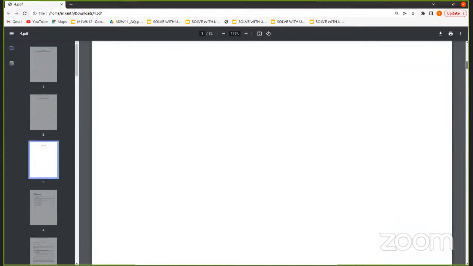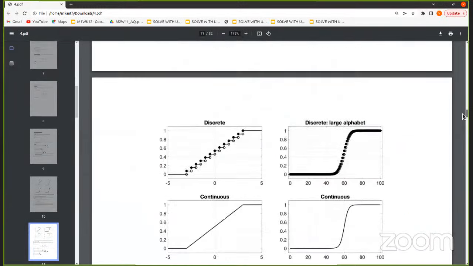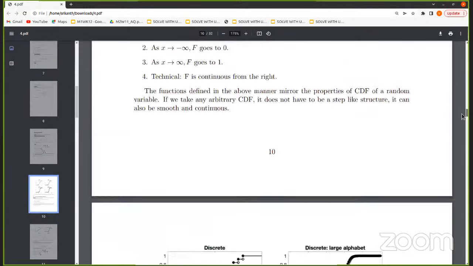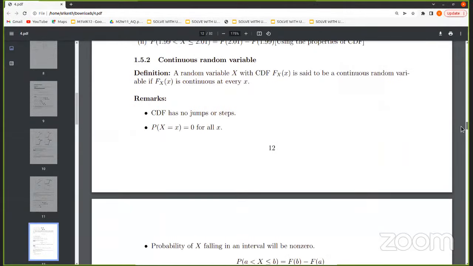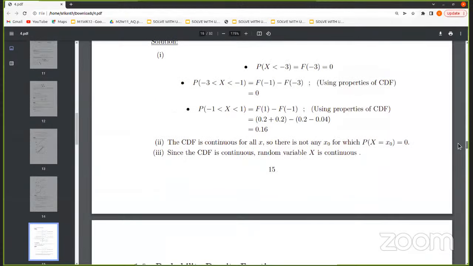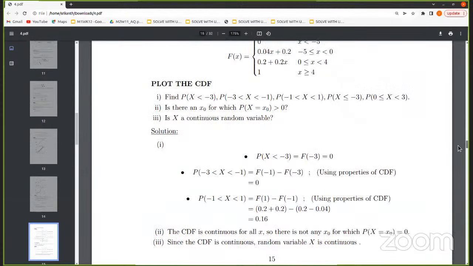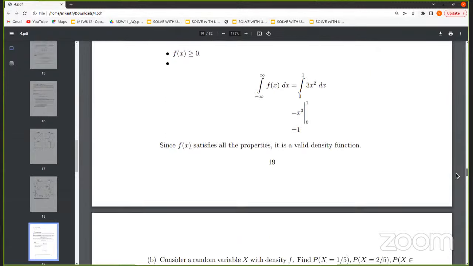Okay, now, 1.4, 1.5, this. Actions, properties.